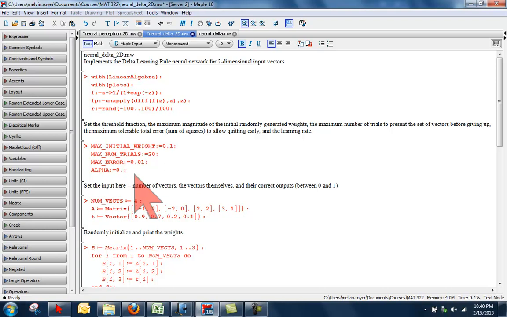Let me change this to 0.05 for the purposes of this example. Here are my 4 vectors for the example I'm demonstrating. Here are the inputs in a matrix, just like for the Perceptron algorithm, and the teacher or correct answers. So I'll push enter through all of this.